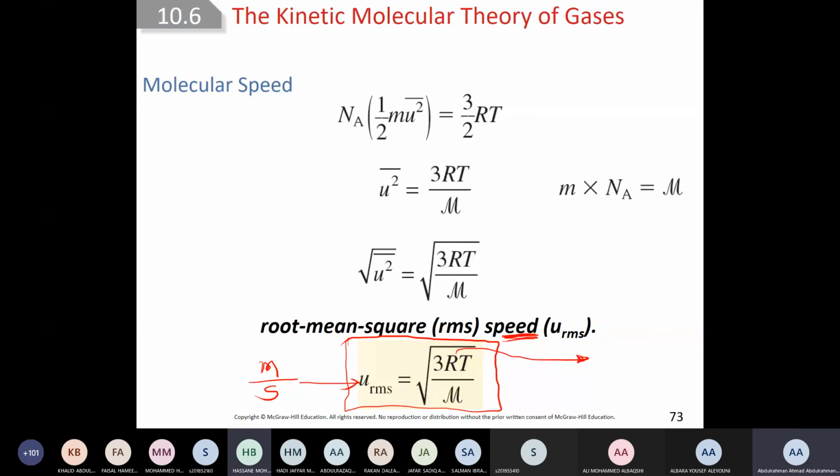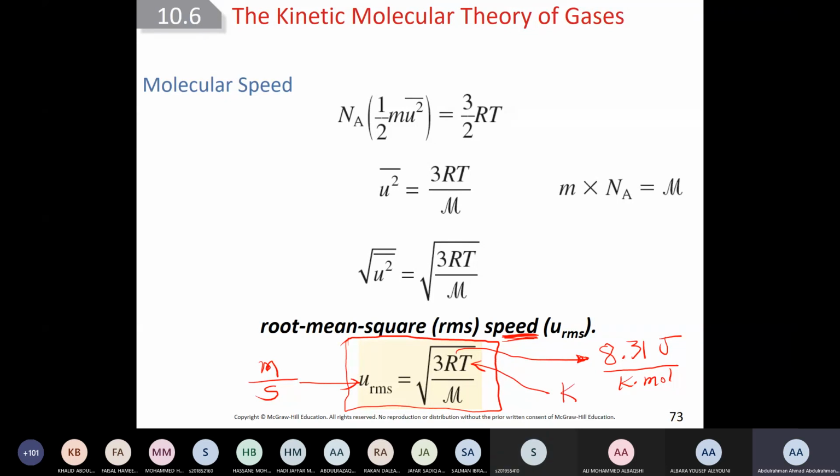Joule. As I said, it's 8.31 joule per Kelvin mole. What's the unit for T? Kelvin.